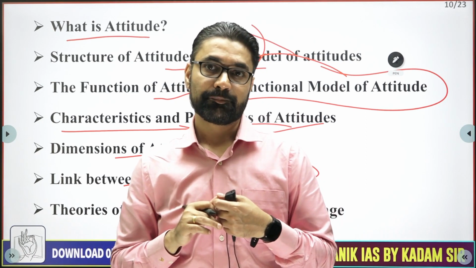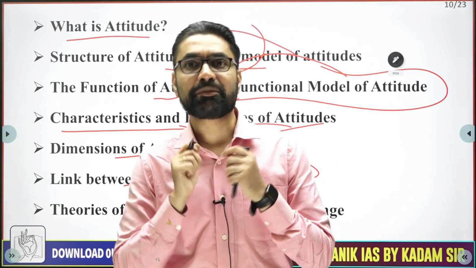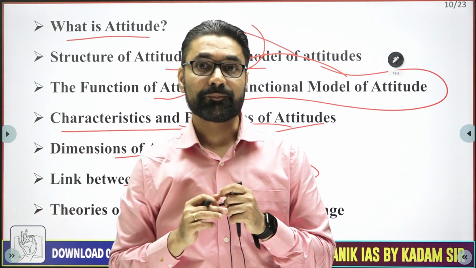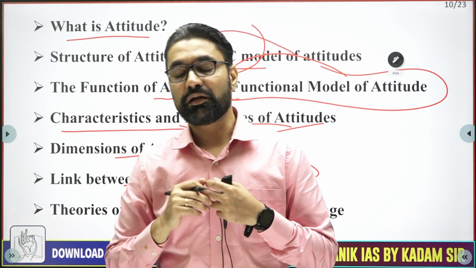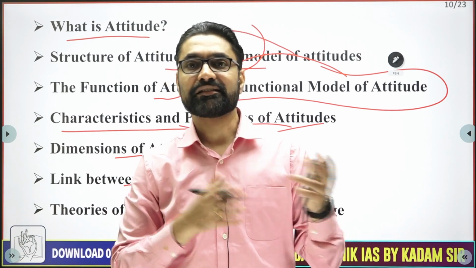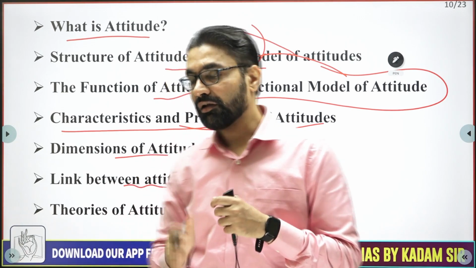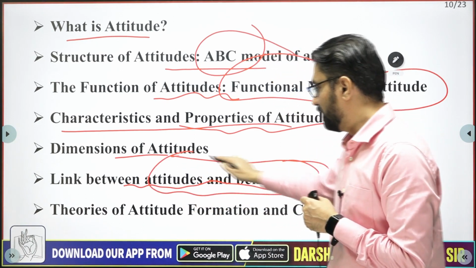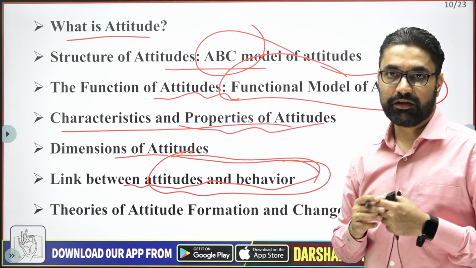Why do people have an attitude of cleanliness, yet spit around or throw garbage on the street? Why doesn't attitude end up in behavior? Why is there a gap between attitude and behavior? We will discuss this under the topic of attitude-behavior relation.